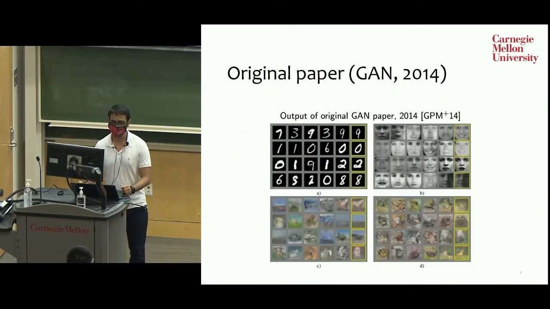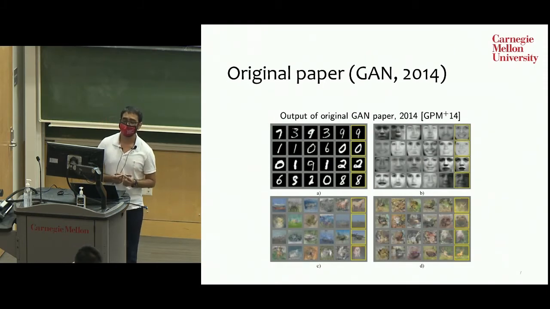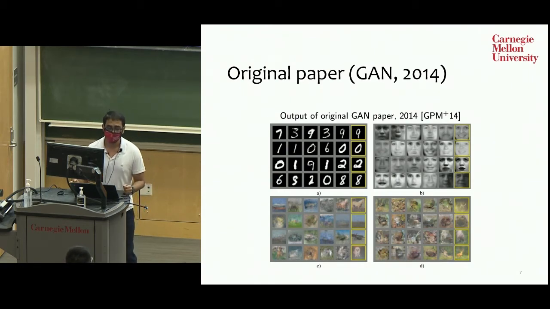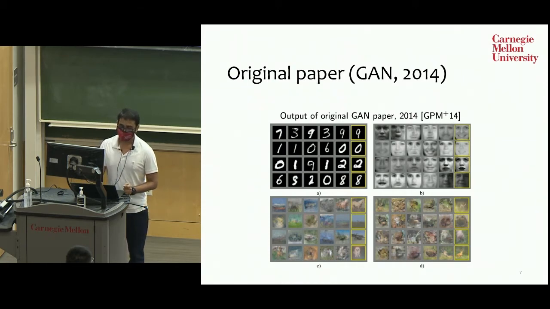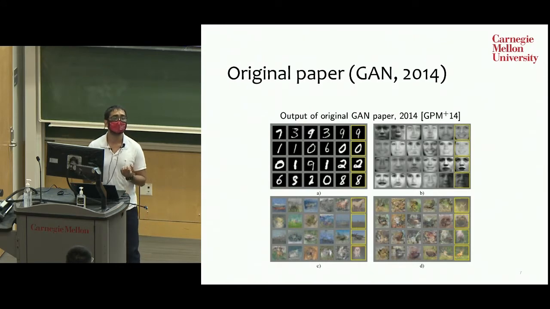This was the original paper from Ian Goodfellow, and you can see that the images on the right in each section are the original ground truth, and all the other images are generated from GAN. The images might be blurry, but it's actually trying to create images similar to the original training set.